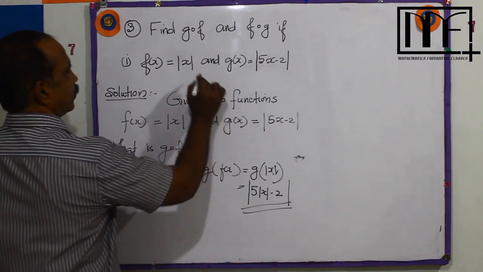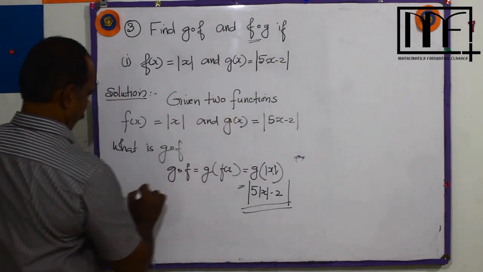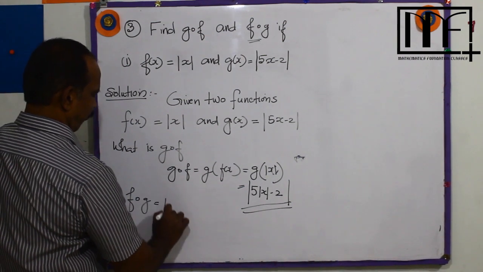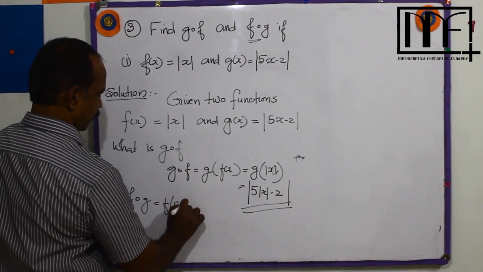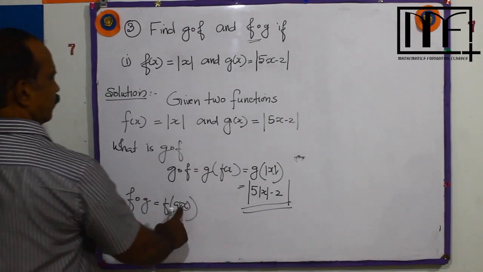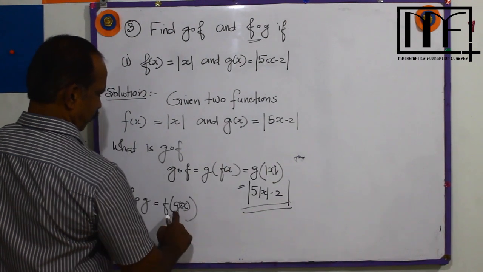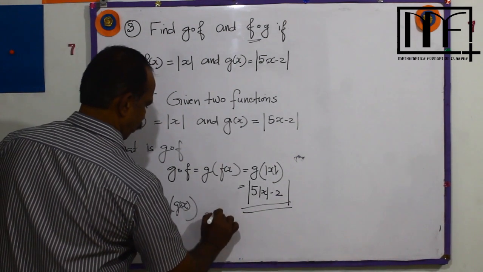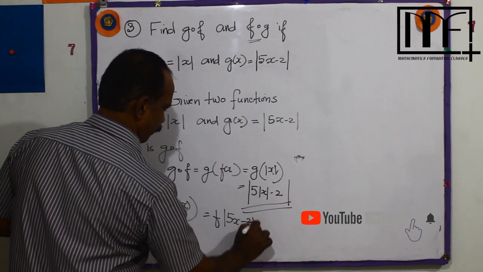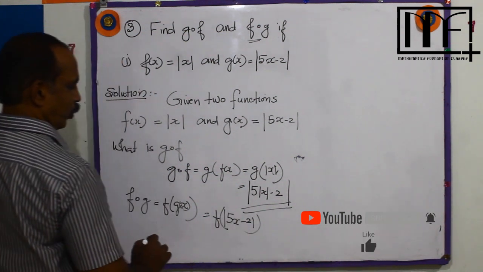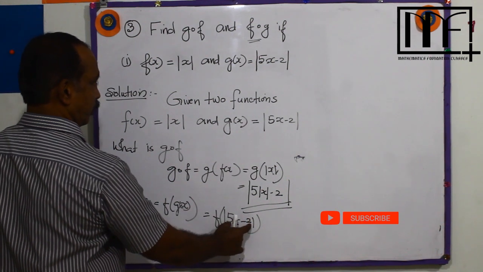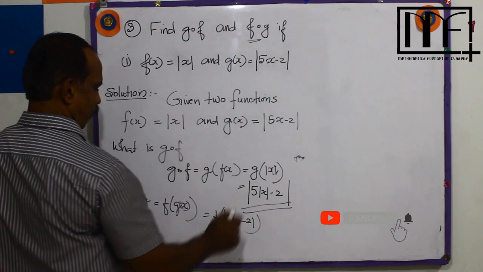Then the second one is finding f of g, which is f of g of x. And g of x, we know, is modulus of 5x minus 2. In place of g of x we put modulus of 5x minus 2.